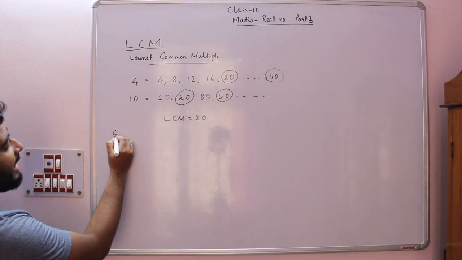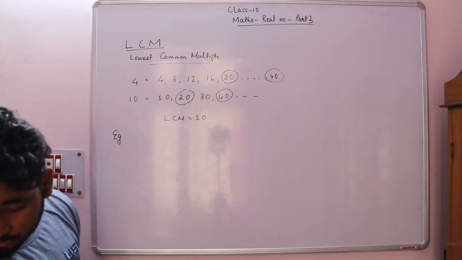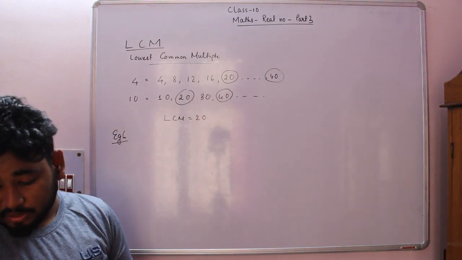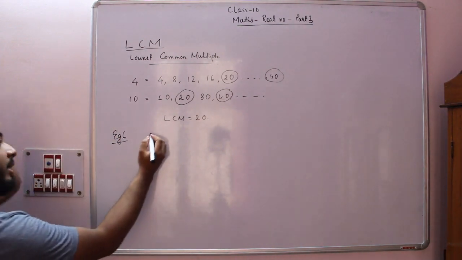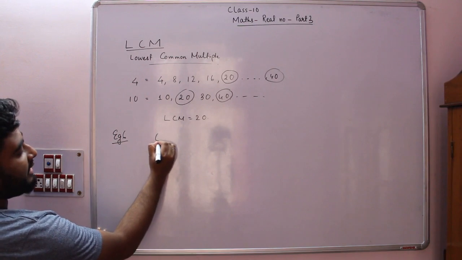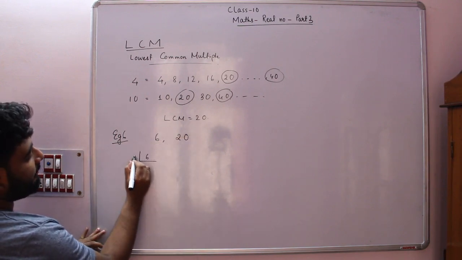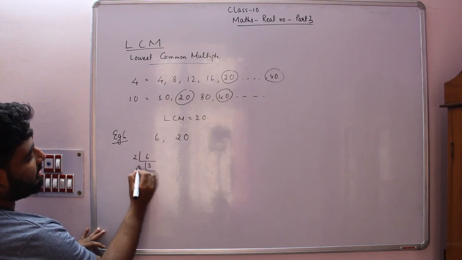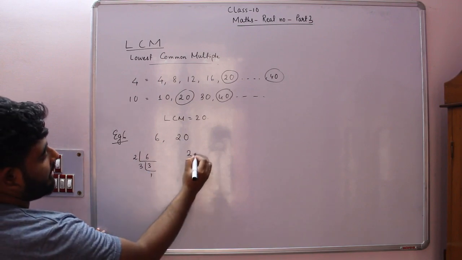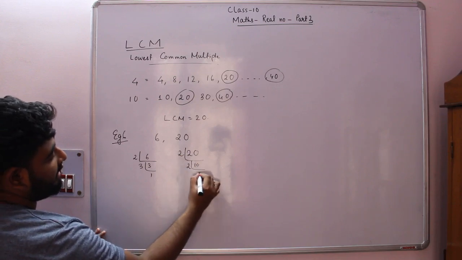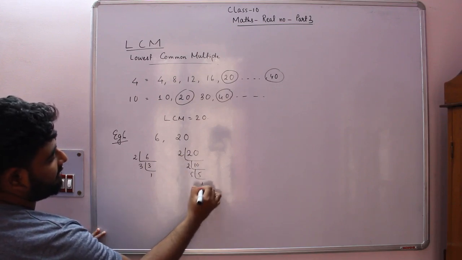Suppose here I am taking example 6 of your book, where they have asked to find the LCM and HCF of 6 and 20. So first you factorize 6: 2 3s are 6, 3 1s are 3. 20 when you factorize: 2 10s are 20, 2 5s are 10, 5 1s are 5.